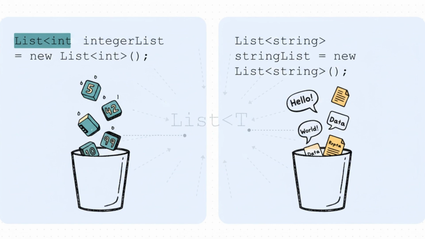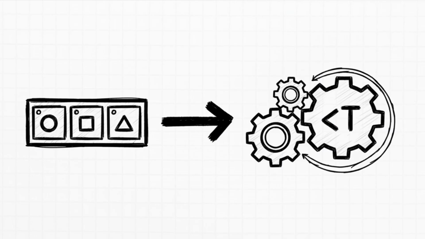The list logic itself is written only one time. We're just telling it what kind of tool we plan on putting inside. That T in List<T> is just a placeholder that we fill in when we're ready to use it. Simple, but so powerful.